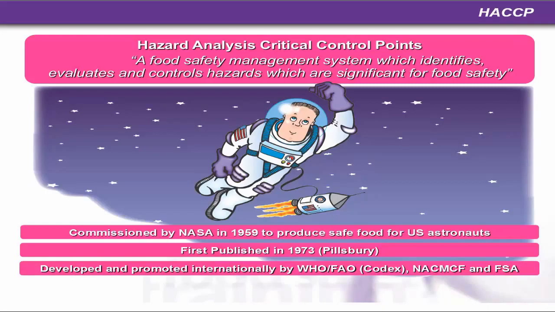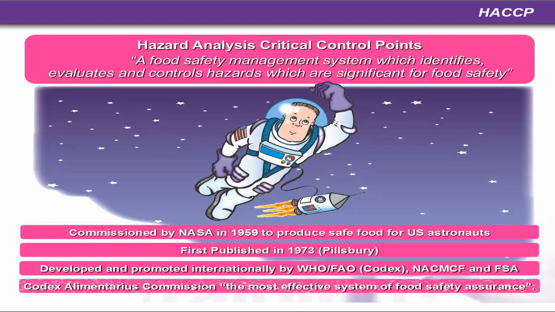It was developed and promoted internationally by the World Health Organization, by the FAO, which is the Food and Agricultural Organization of the United Nations, the NACMCF, which stands for the National Advisory Committee on Microbiological Criteria for Foods, and the Food Standards Agency.